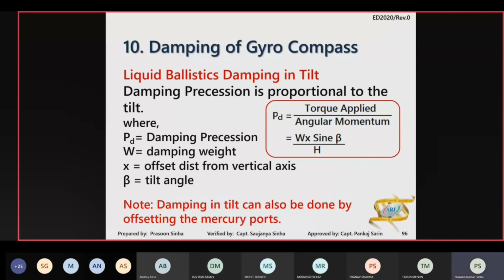We know P is directly proportional to torque, inversely proportional to angular momentum. So the torque applied we have already seen is Wx sine beta.